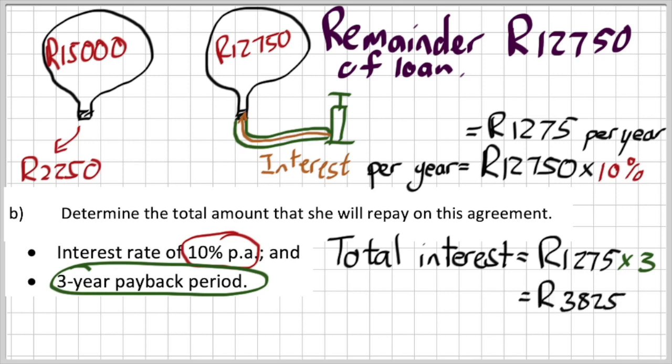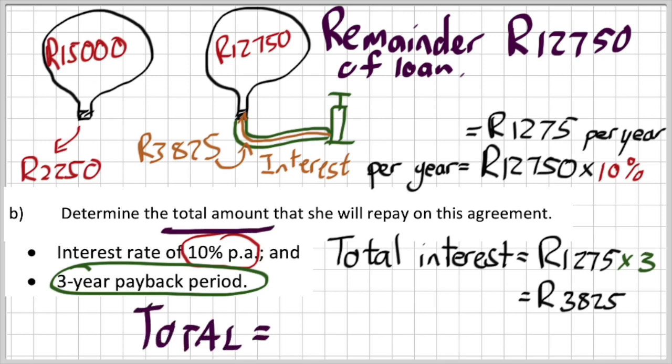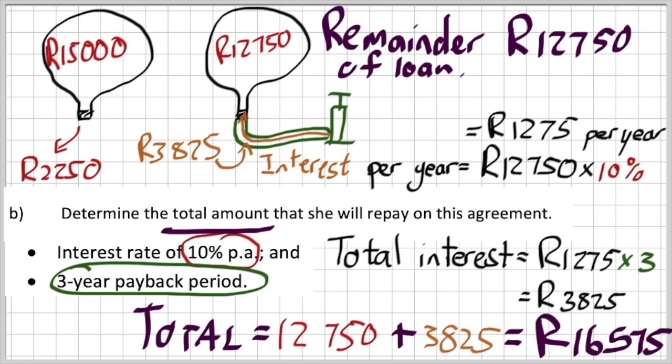So they are going to add 3,825 Rands worth of air into the balloon, which means that my balloon is now going to be worth a lot more, because it started off after I paid the deposit, 12,750 Rand. Then they add 3,825 Rand. So therefore, you owe them 16,575 Rand.